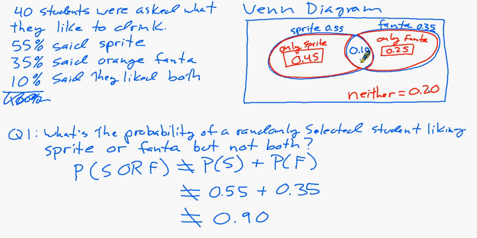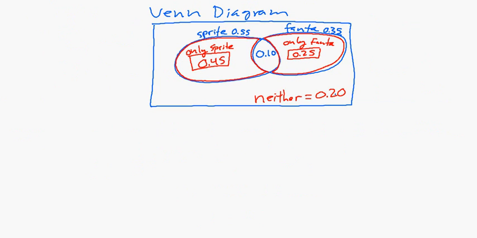For the same reason, what we have to do is get rid of one of these 10%. All right, so let's drill into this a little bit deeper. What we're looking for is Sprite or Fanta. We now know that adding the 35 and the 55 gives us too much.